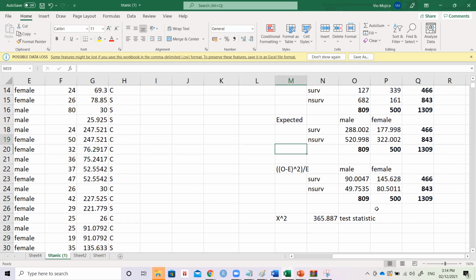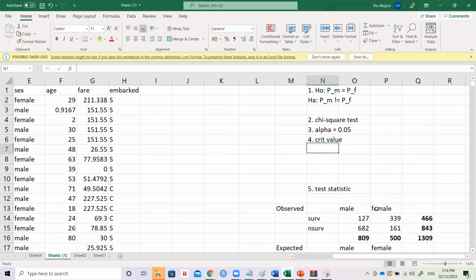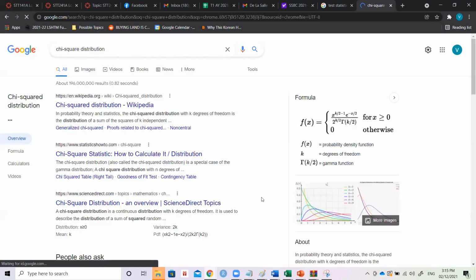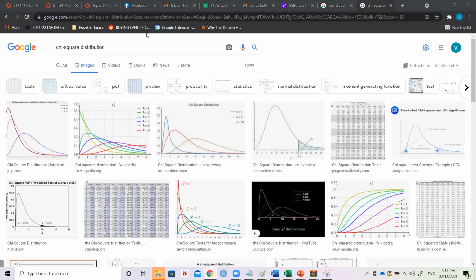Okay, so going back, we go to the critical value. This is a chi-square, pakita ko lang yung chi-square distribution. Chi-square distribution. So, it's not gonna be a perfect bell curve. Okay, sure. So, it's not gonna be a symmetric bell curve.